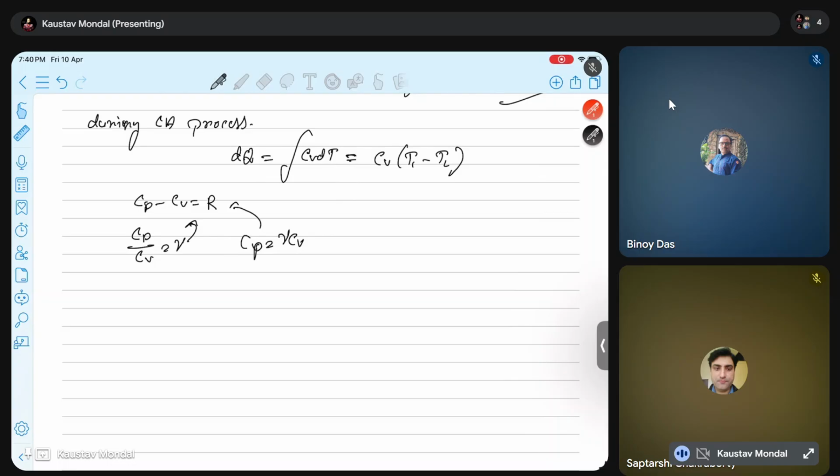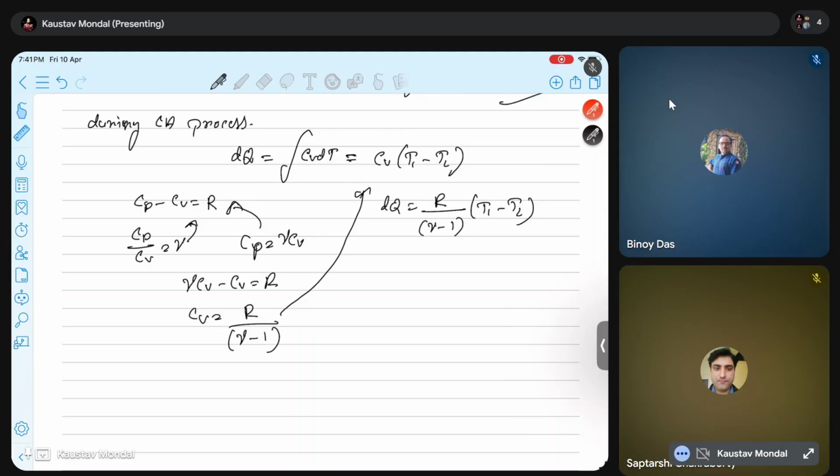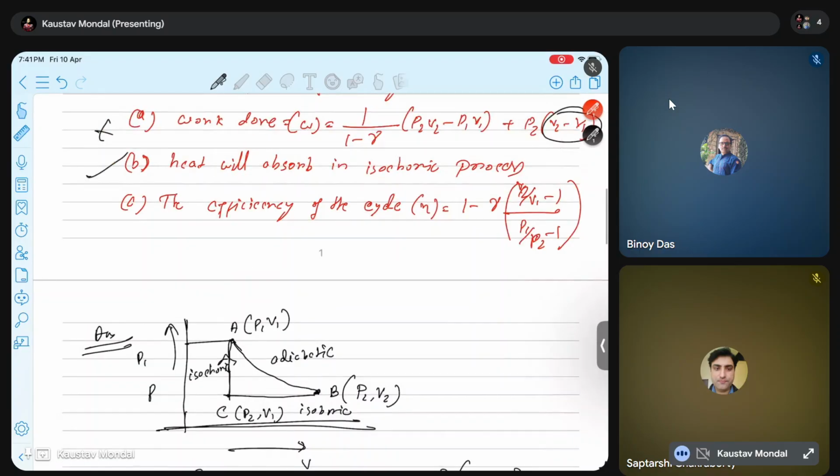If you substitute this, it becomes gamma Cv minus Cv equal to R, so Cv is equal to R by gamma minus 1. Substituting here, dQ becomes R by gamma minus 1 into (T1 minus T2). Since the signs are all positive, this heat is absorbed. So the second statement is correct.